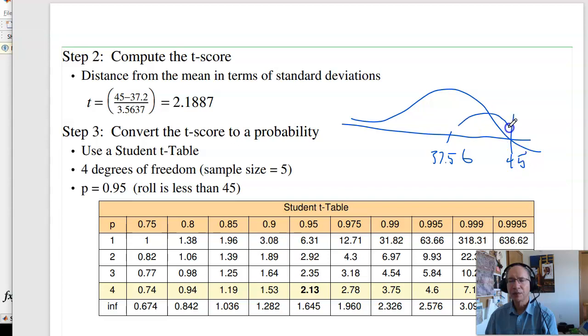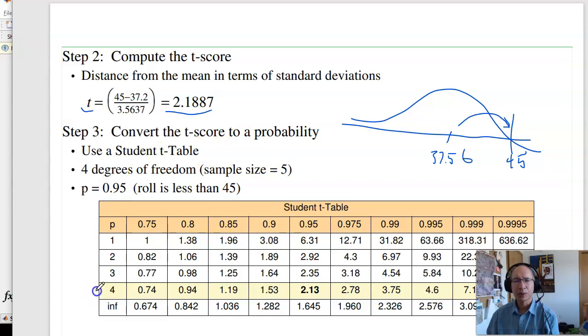I find out what this distance is in terms of standard deviations. This is very similar to the z-score that we did before. It's called the t-score since I'm using the estimated mean from the data and the estimated standard deviation, just slightly different. T-score is 2.18. I have a sample size of 5, meaning 4 degrees of freedom.